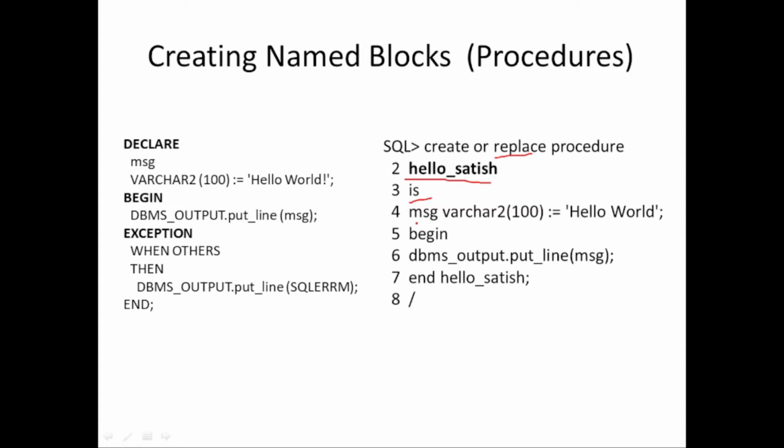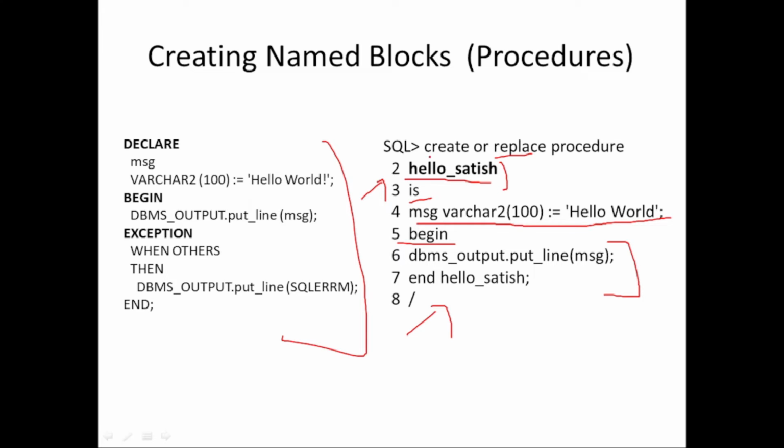This is a keyword, and the remaining things, this is a declaration, and begin follows, and we are printing the declared variable, and finally an end with a slash. So an anonymous block becomes a procedure only when you give a name to it. Okay, now let us create a procedure. Let's print hello world using a procedure. Let's go to the editor.